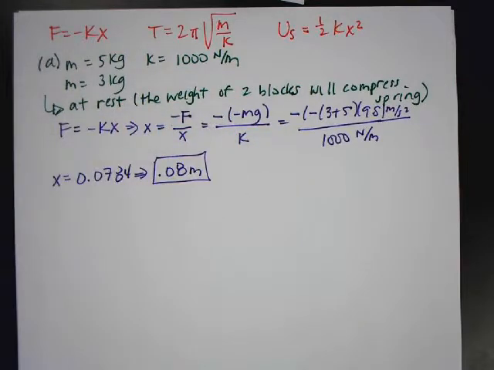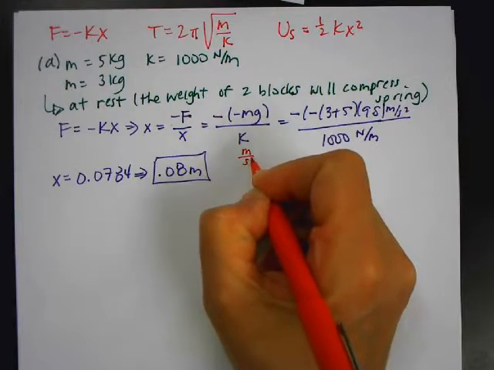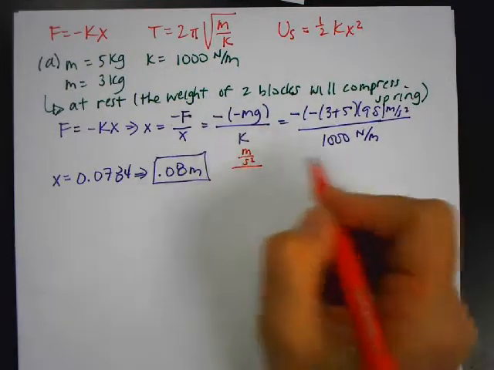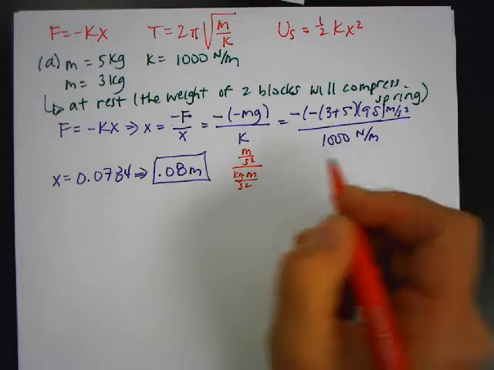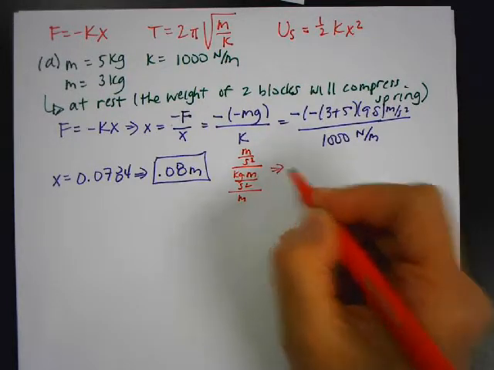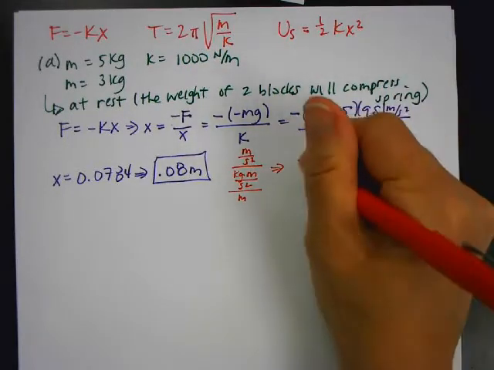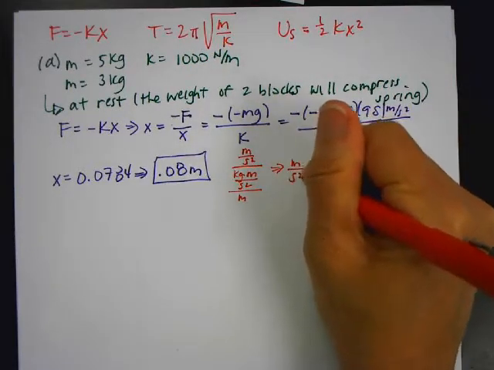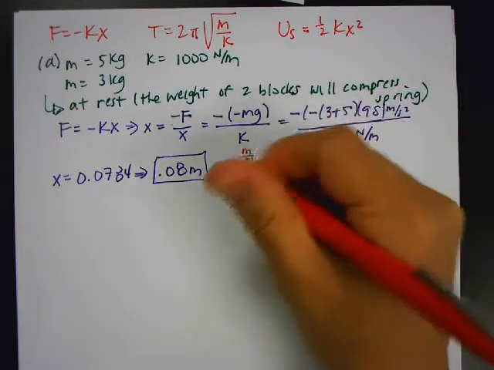Now, if I wanted to check my units, in the numerator I have kilograms times meters per second squared, and in the denominator I have a newton, which is a kilogram meter per second squared, divided by a meter. So if I work all that out, I would have meters per second squared divided by all of this.